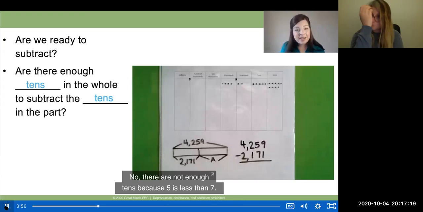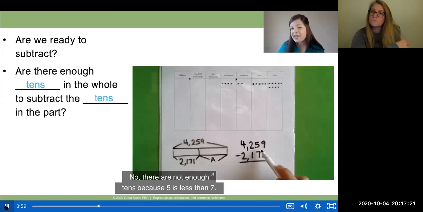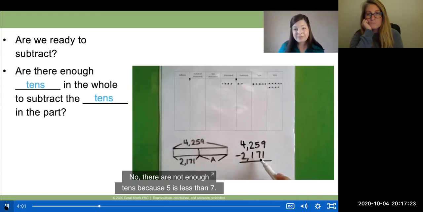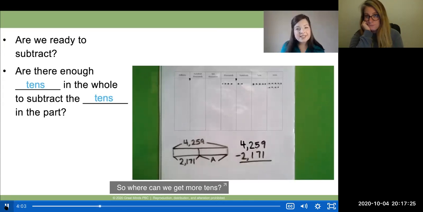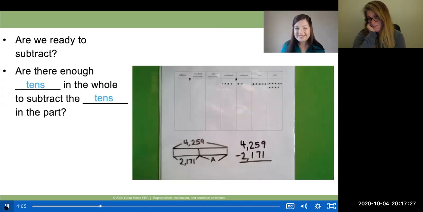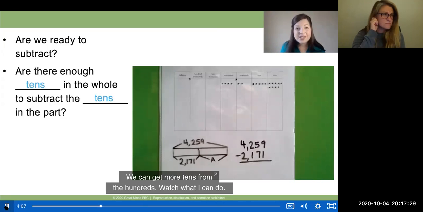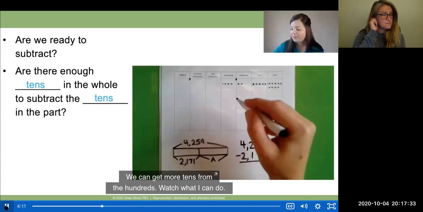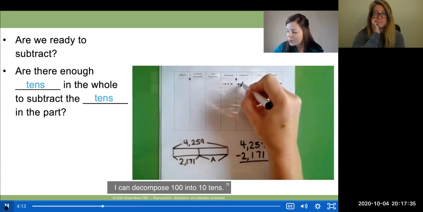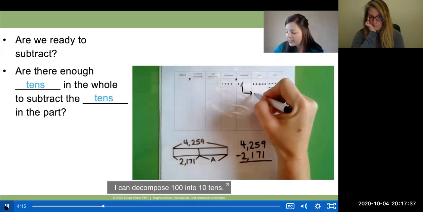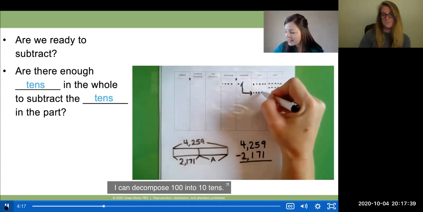No, there are not enough tens because 5 is less than 7. So where can we get more tens? We can get more tens from the hundreds. Watch what I can do. I can decompose 100 into 10 tens.